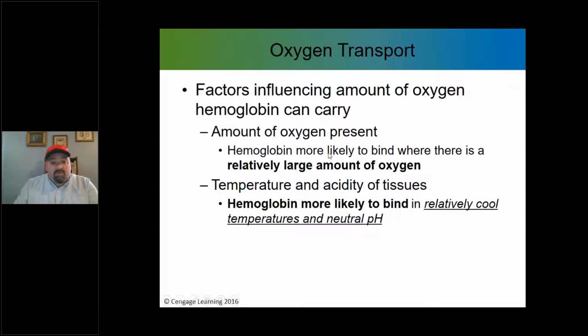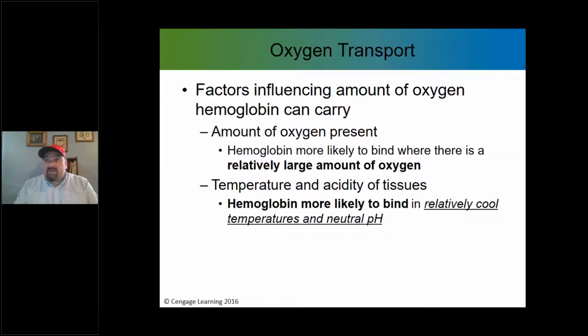The amount of oxygen present and also temperature and acidity can be factors that affect it. Interesting to note that hemoglobin is more likely to bind to oxygen in a relatively cool temperature and neutral pH. Okay? Having a lower pH and more of an acidic pH to your overall body balance is not a positive or good thing. Cancer cells thrive in more of an acidic environment.